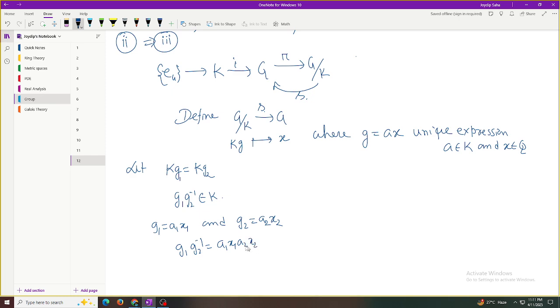a2 x2 inverse, that is a1 x1 x2 inverse a2 inverse, right?